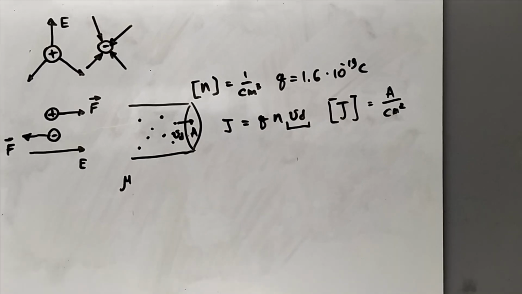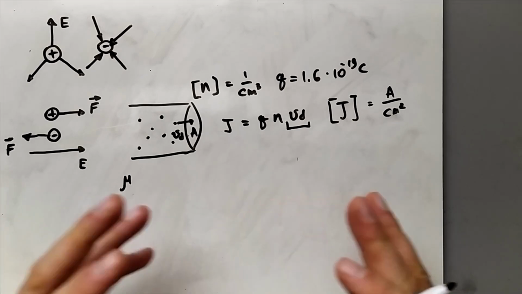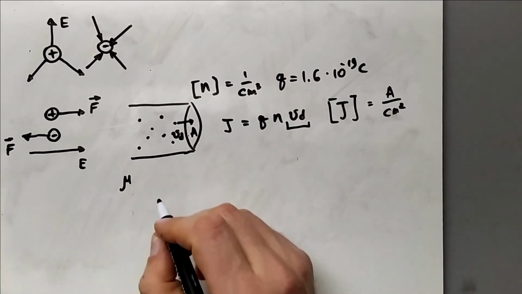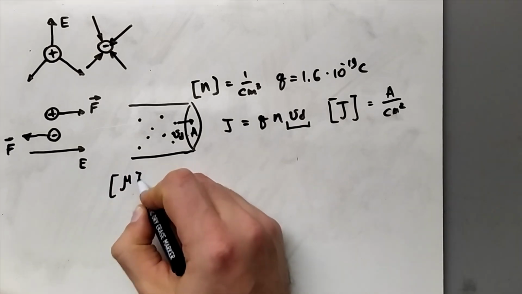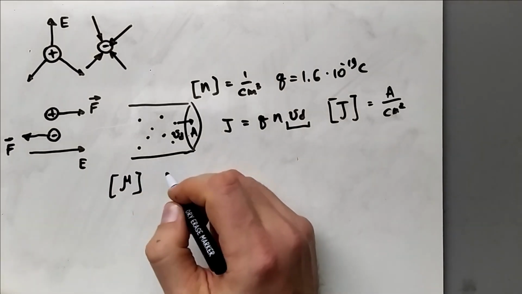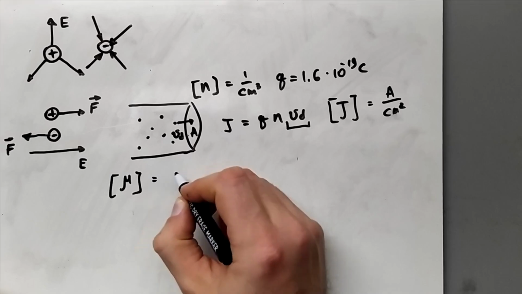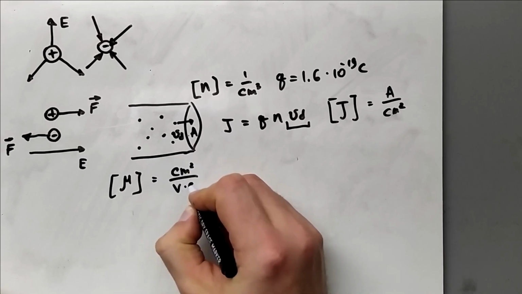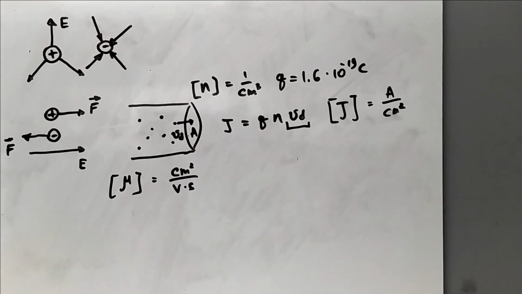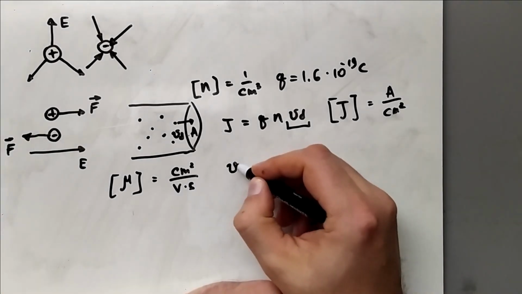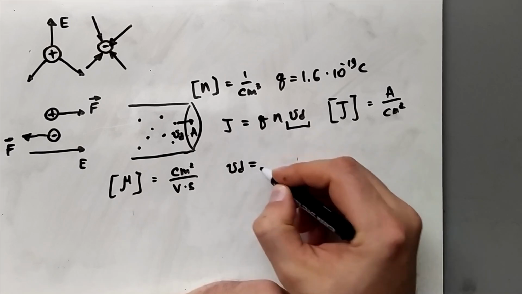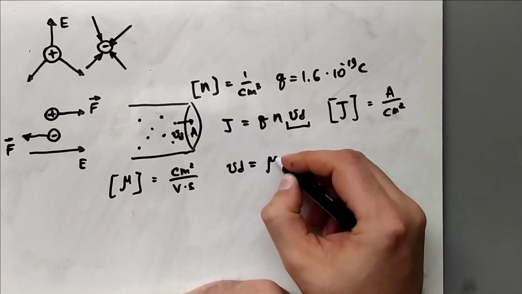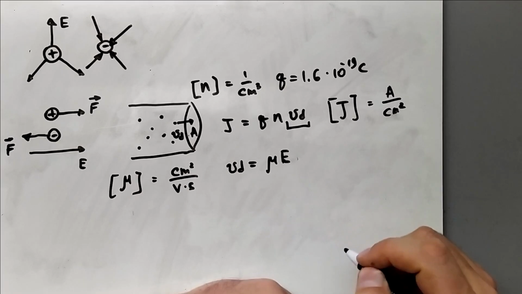It describes how easily electrons can move through the metal. Units for mobility will be centimeter square over volt times second.